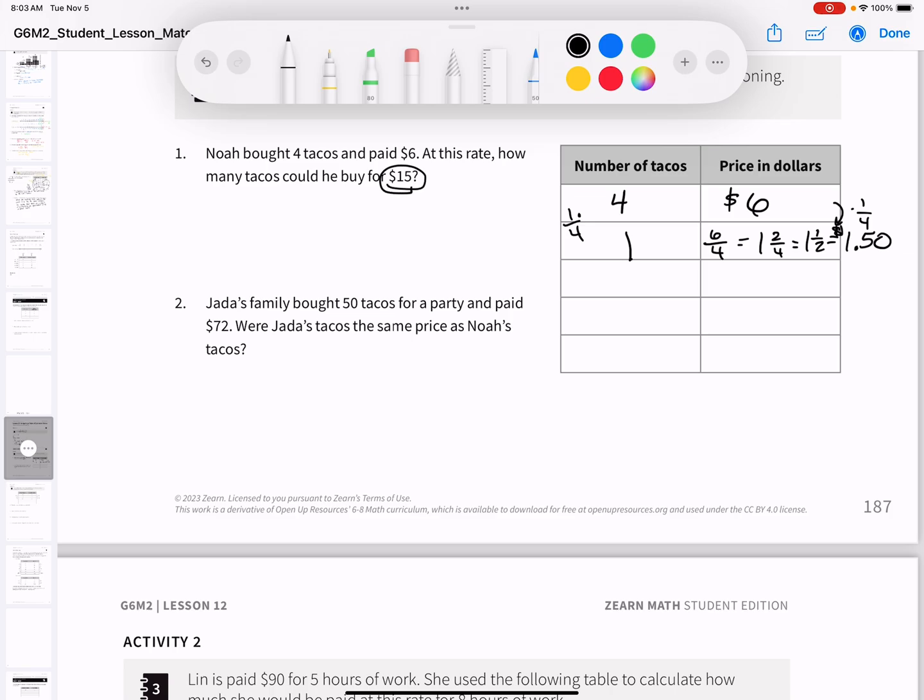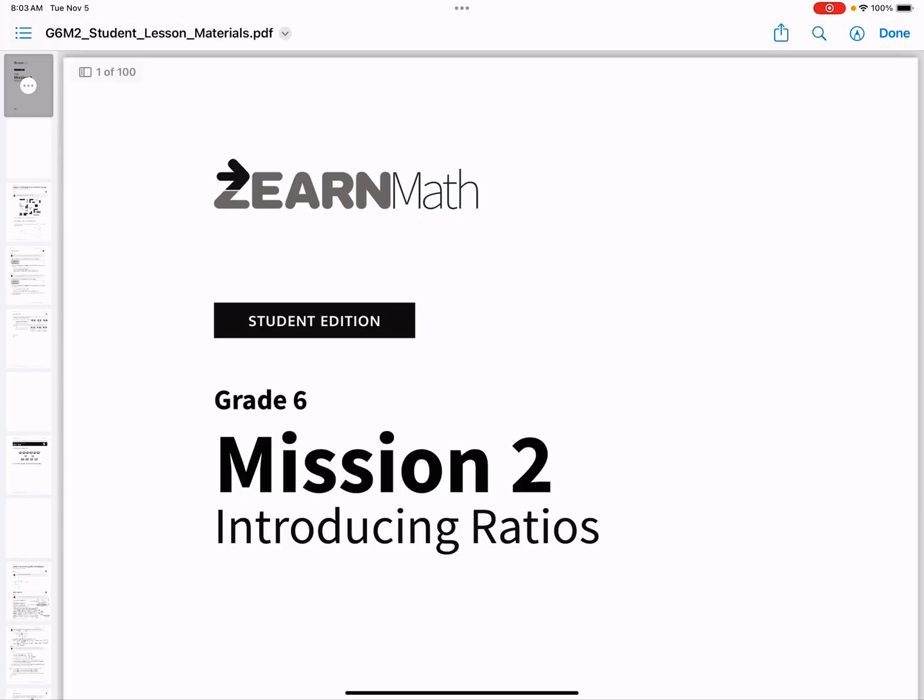Well, we just did that mental math earlier, so we know that $1.50 times 10 gets us $15. So 1 times 10, that's what we're trying to do here.